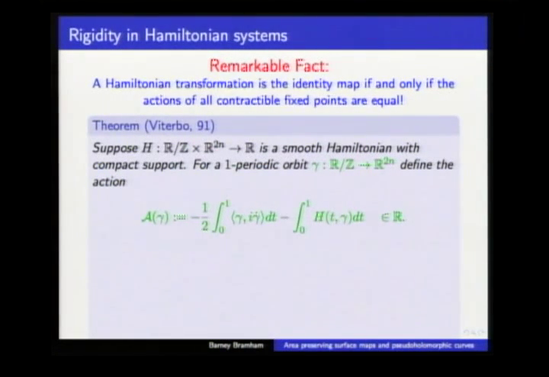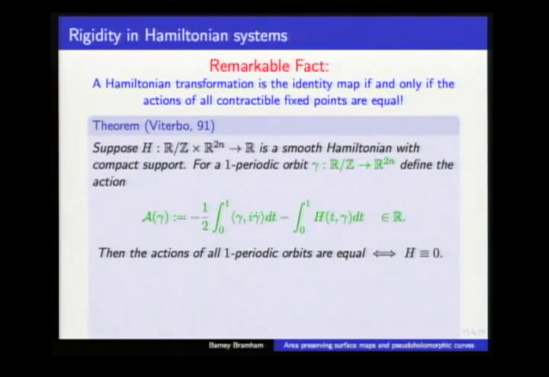So there's a close relation between the action and the dynamics of the associated Hamiltonian system. The statement is that the actions of all these one-periodic orbits are equal if and only if the Hamiltonian is identically 0. So of course the action is also then 0, and that is if and only if the time-one map is the identity.